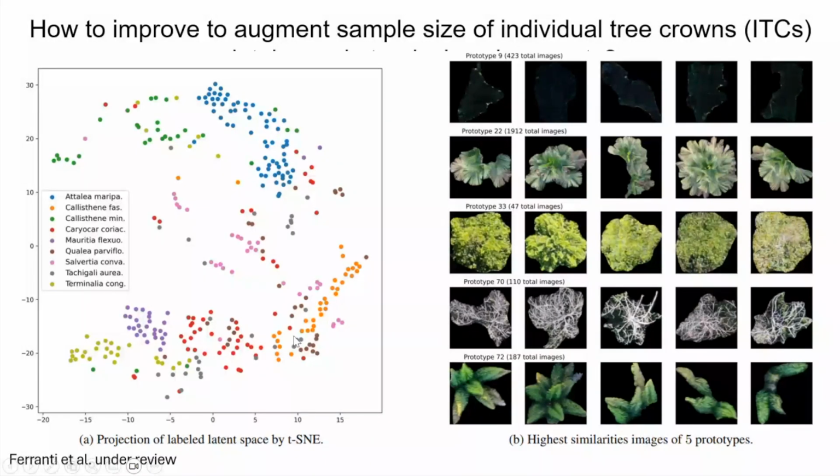And when we analyze the prototypes, which are the clusters, and the images with higher class membership probabilities, we can see that the model could group the tree species very well.